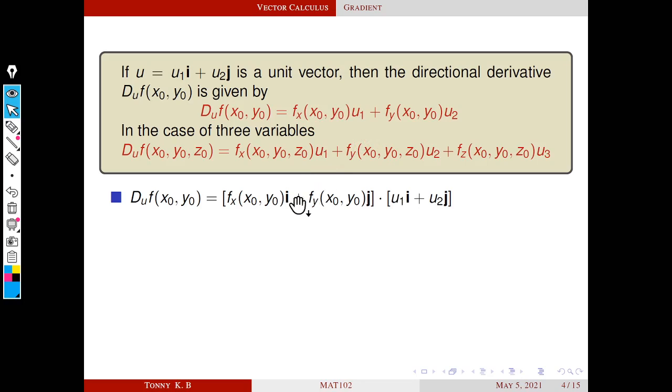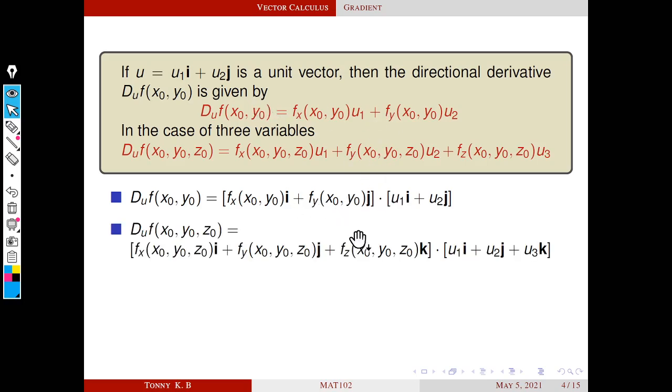This is another representation of the same equation: fx(x0, y0) i plus fy(x0, y0) j dotted with u1 i plus u2 j. Now they are two vectors, and you consider the dot product of the two vectors. We know how to expand this dot product: fx into u1 plus fy into u2. That is the same as this formula. So this is a vector representation of the same directional derivative formula.